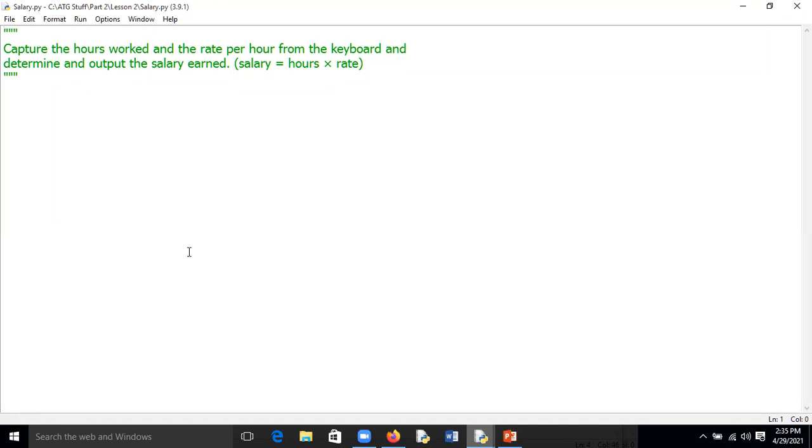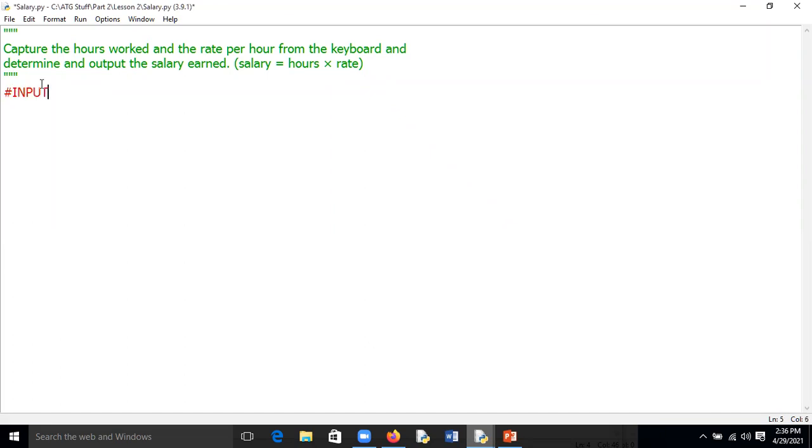All right, now let's look at this. How many items of data are we going to input? So we have hours worked and we have rate. Now, hours worked and rate, we have to decide how exactly are we going to input them?